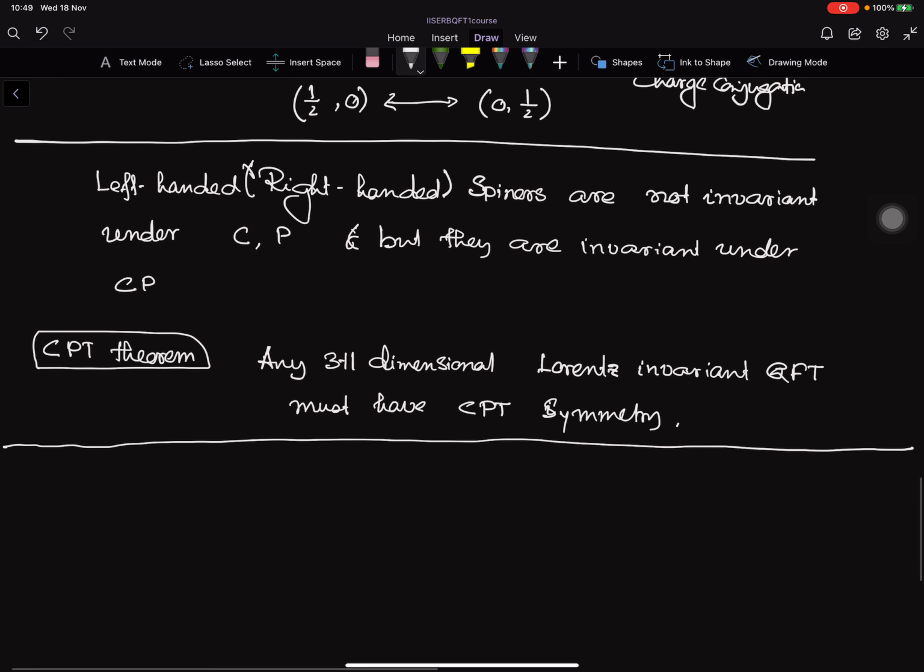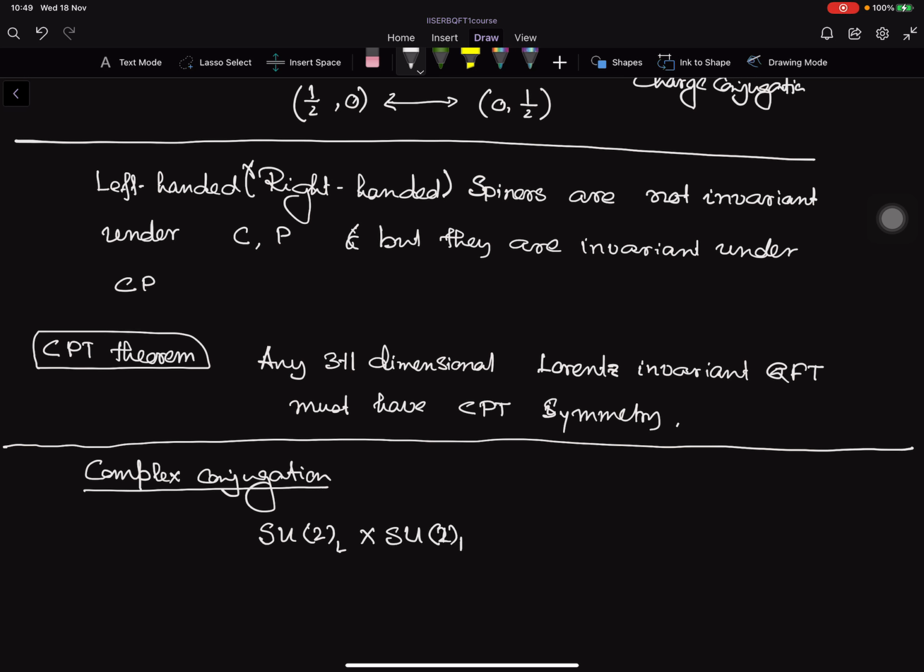Let's now discuss complex conjugation. Under complex conjugation, the two SU(2)s flip, right? Again, we discussed this when we were discussing the Lorentz group.